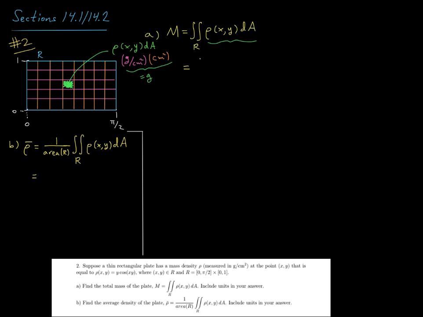Okay, so I'm going to go ahead and first write down the dy dx integral. So here is our integral, and for the bounds, well, y is the inside variable, so we'll put its bounds first, and that's from 0 to 1. x being the outside variable of integration, we'll put its bounds from 0 to pi over 2.